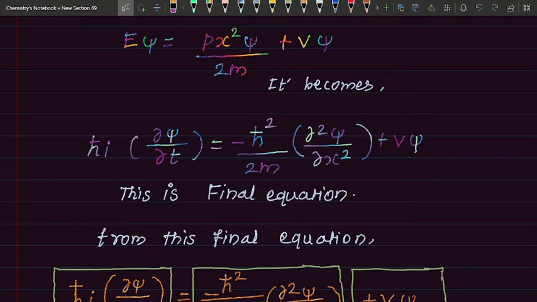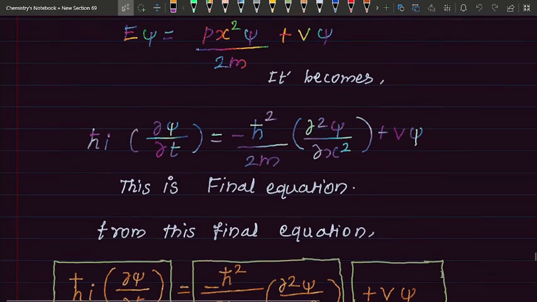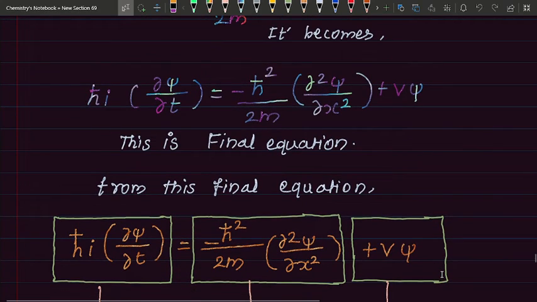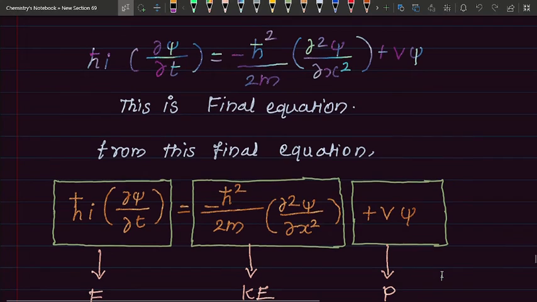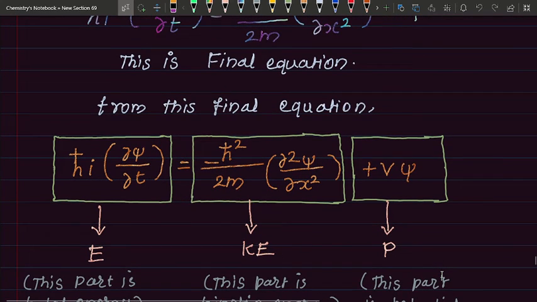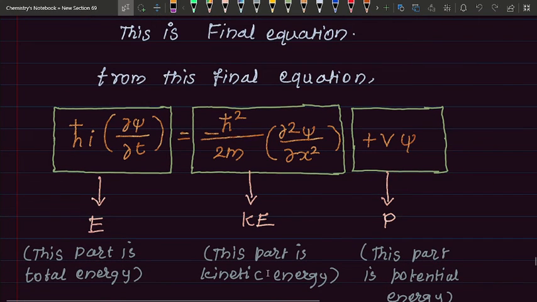This is the final equation. See again, from this final equation, ħ i ∂ψ/∂t = minus ħ²/2m ∂²ψ/∂x² + Vψ. Here this is the total energy, this is the kinetic energy, this is the potential energy.